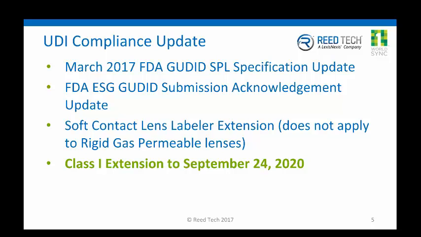In addition to the updates that were made in March and put into place, the FDA released an extension for soft contact lens manufacturers. Note, this does not apply to rigid gas permeable lenses. It's simply soft contact lenses.